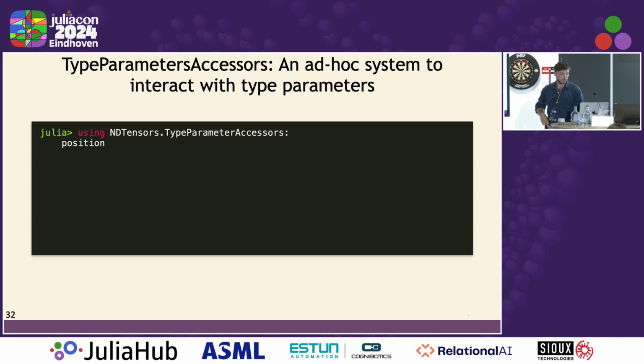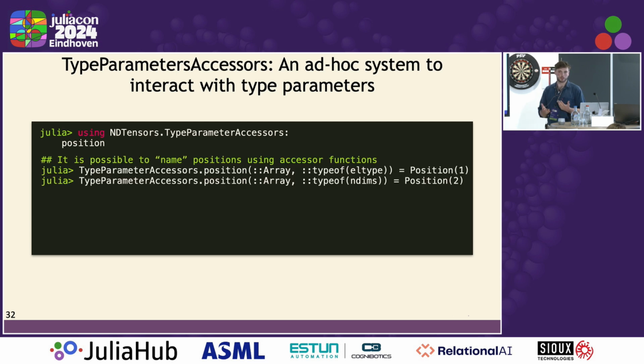The third thing, which I think is really exciting, is that we can name positions in our types. So here, this is the registering that we do. We can register the names of each position with an associated function. For an array, I've already told you the first position is an L type, and we can look at that and say, okay, that's L type. We know that, but the computer doesn't know it, and Julia doesn't know it.